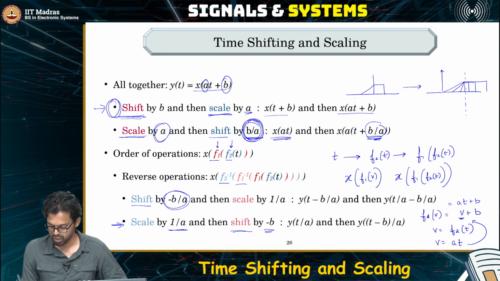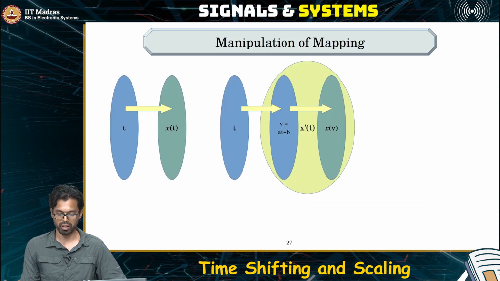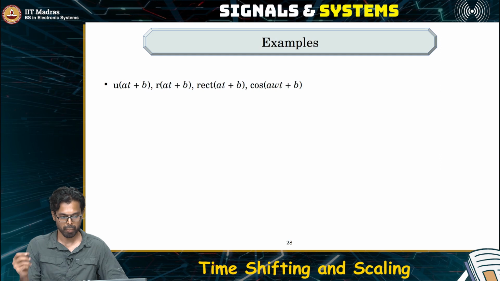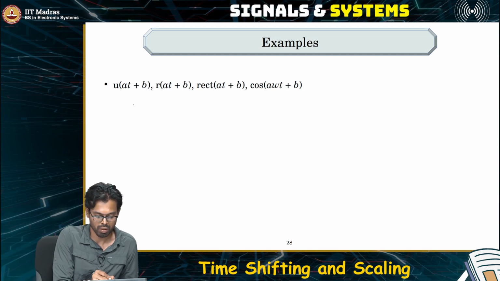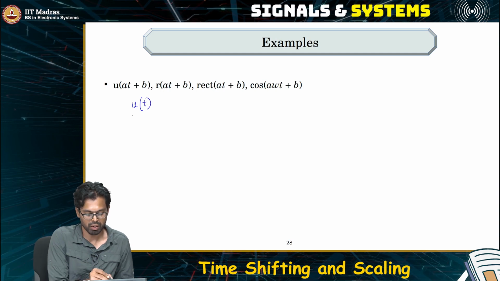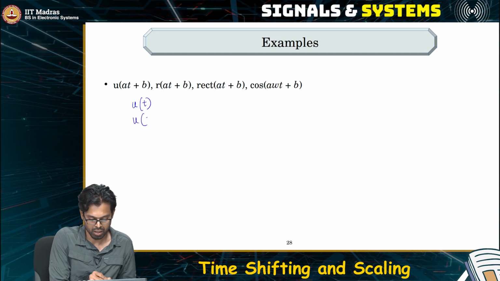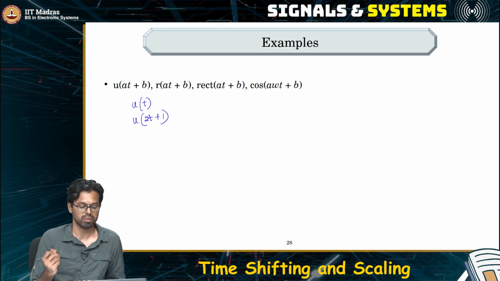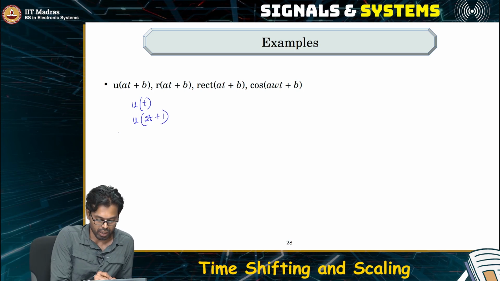Now let's see some examples so that we'll be a little more clear. So let's say we have u of t and then we want to compute u of 2t plus 1. Okay. How does this look like?